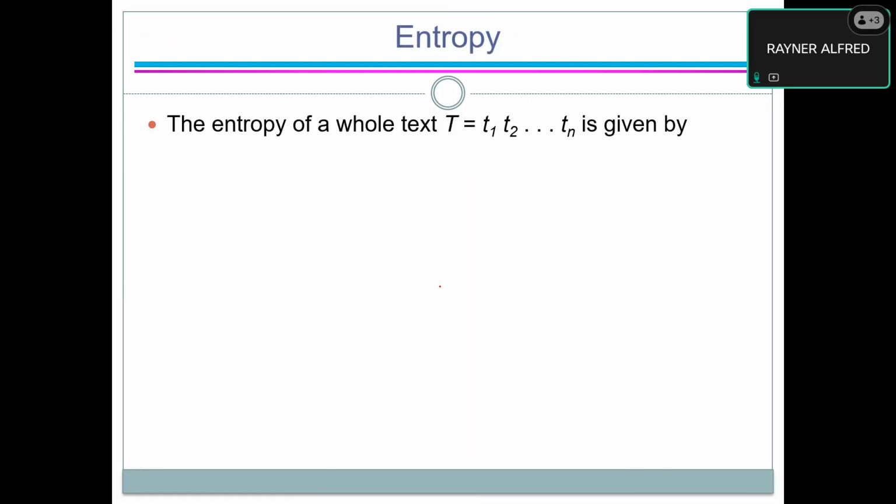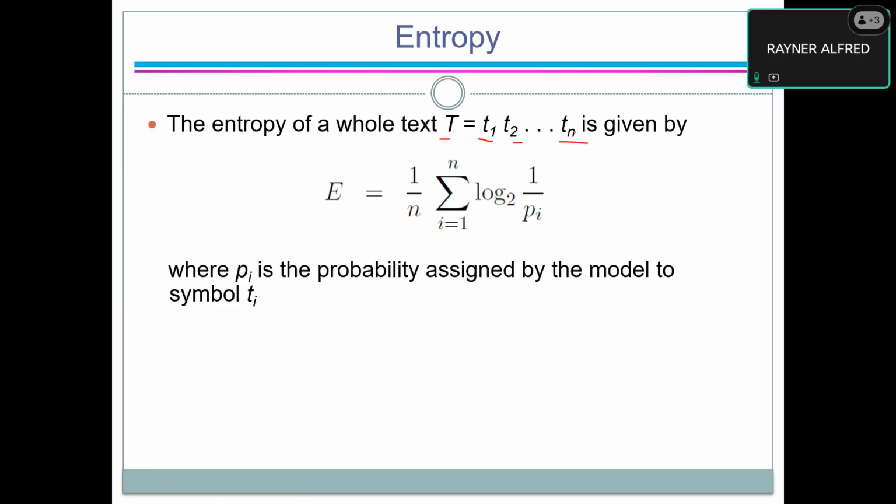Okay, we go to this theory of entropy. Suppose that we have the entropy of a whole text like this. So we have this term and we have symbols. Based on the entropy, for the term t here, we can compute the entropy based on the probability of the symbol t that we use in our text, and then we sum them together.